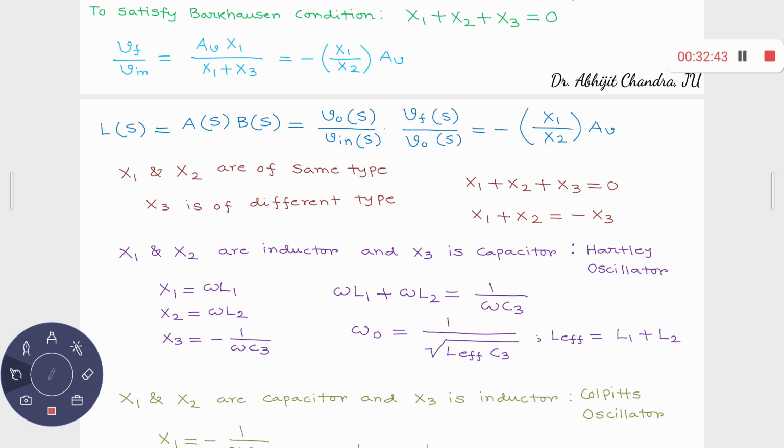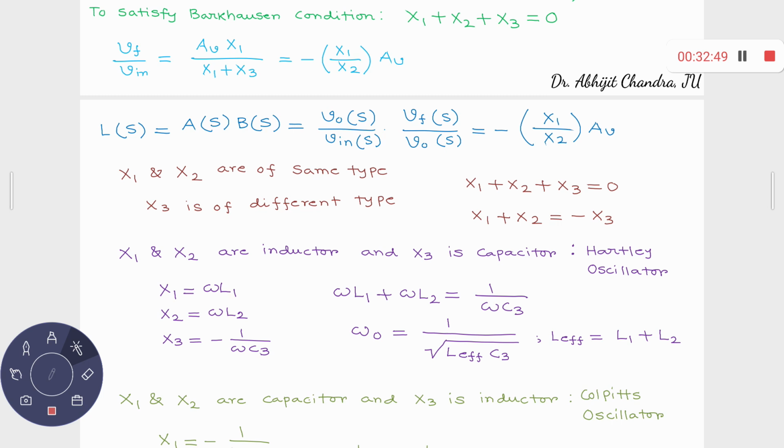For the Hartley oscillator, I can write x1 as omega L1, x2 as omega L2, and x3 as minus 1 by omega C3. Then you get the oscillation frequency as 1 by square root of L effective into C3. What is L effective? This is nothing but the summation of L1 plus L2. That is the basic notion behind the Hartley oscillator.